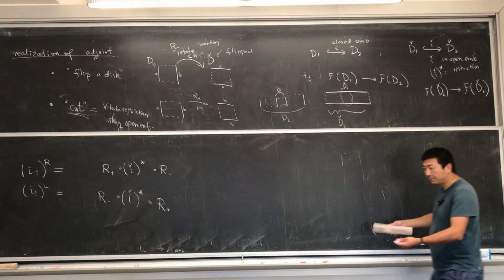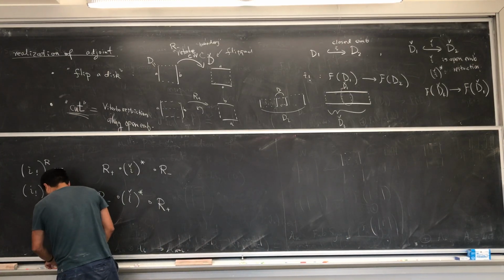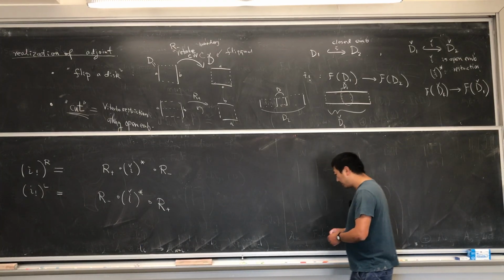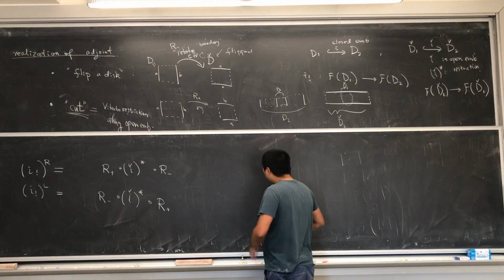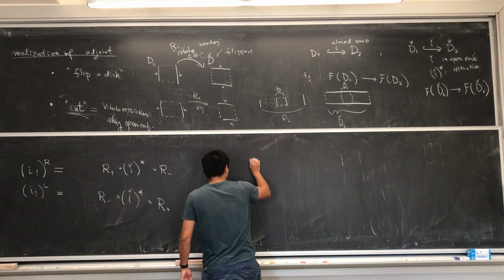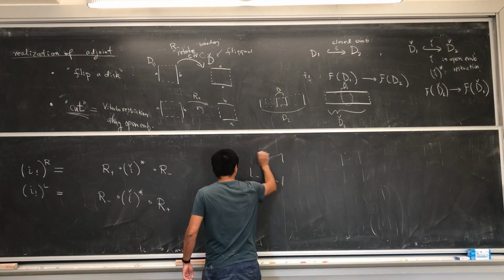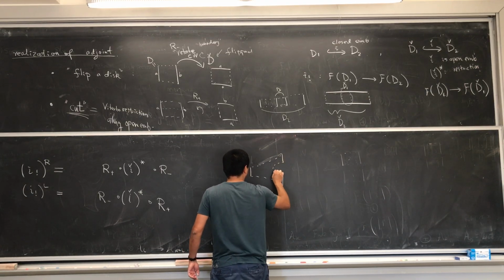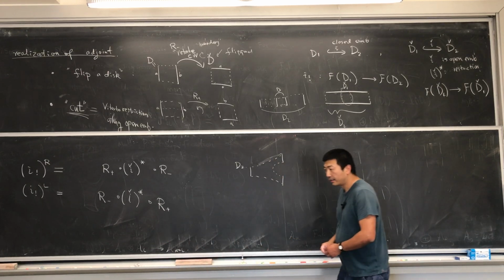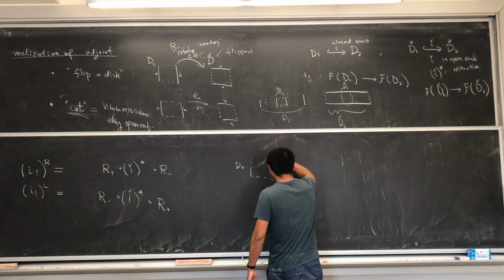Okay, I'll just do one example and then I will go on. For example, this guy is my D2, and I'm going to have my D1 to be the side here.